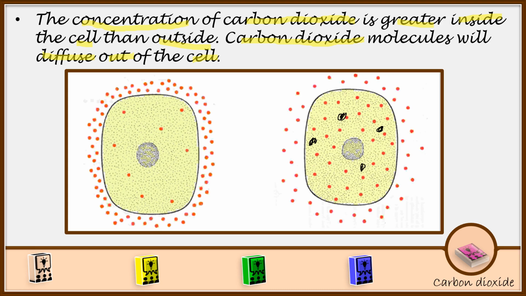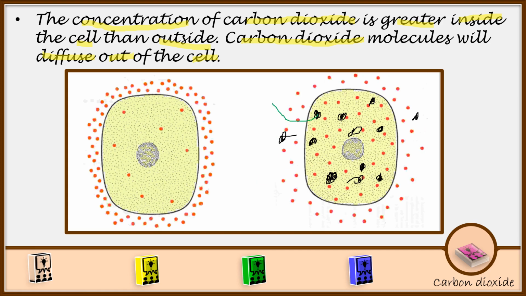And when that respiration is taking place, there is breakdown of organic molecules, biological molecules like glucose, and we end up producing carbon dioxide. So inside the cell, we have more molecules of carbon dioxide compared to the outside. Because of that high concentration of carbon dioxide inside the cell compared to outside, there is going to be diffusion.